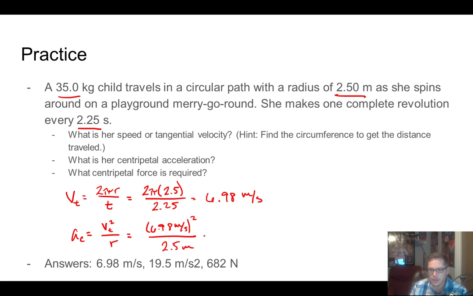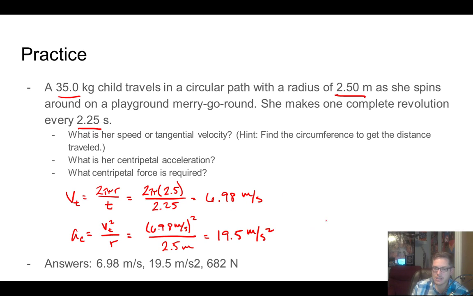I got 19.4955, which with 3 sig figs rounds to 19.5. Because it's acceleration, it's in meters per second squared.